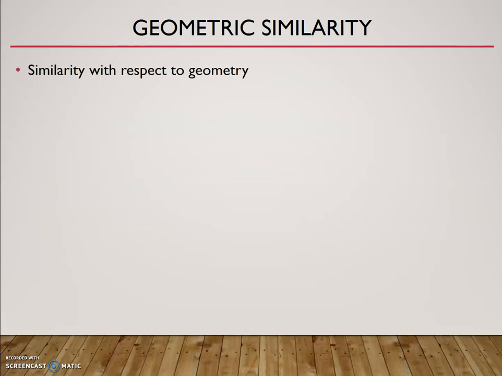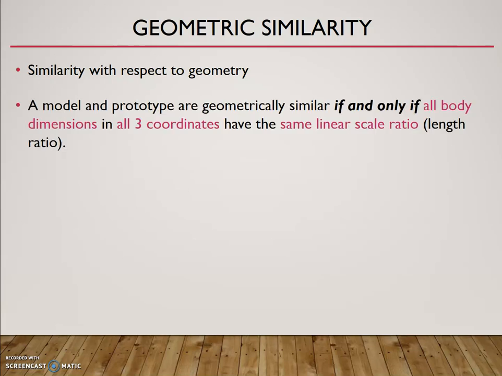Geometric similarity is related to the geometrical shape and properties of model and prototype. A model and prototype are said to be geometrically similar if and only if all body dimensions in all three coordinates have the same linear ratio.